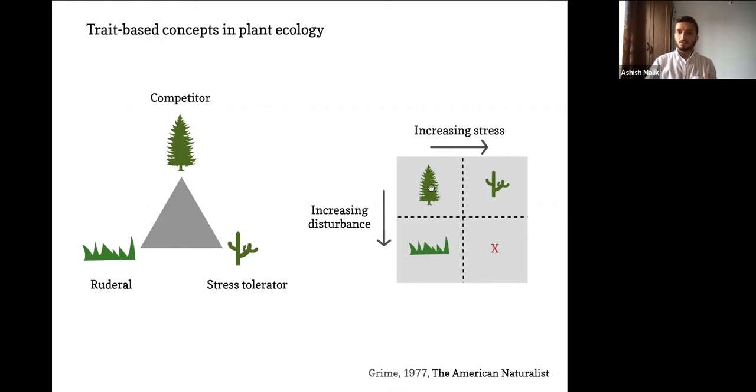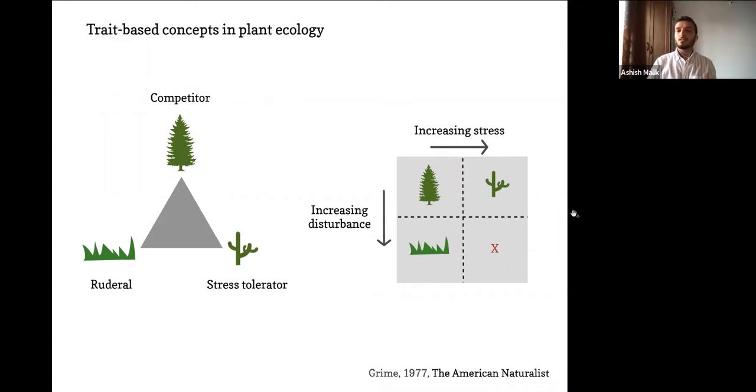And these are competitors occupying the space where stress is minimum and disturbance is less. So they can grow really well. They outcompete other species. In environments where the disturbance is very high, but stress is low, ruderal species such as grasses, which have a high turnover, can really persist well and occupy that niche space.